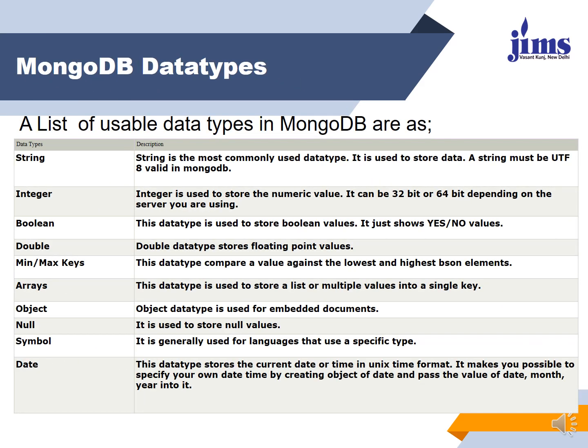Now, going further, you have the list of usable data types in MongoDB. These are the data types: string, integer, boolean, double, min, max, arrays, object, null, symbol, date.